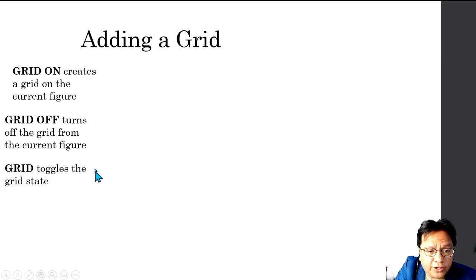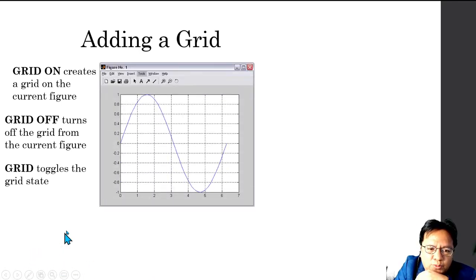Now, in order for us to identify the points on the graph, we can visualize the graph by adding grids. We have the command grid on. Grid on creates the grid on the current figure. You're going to see these lines here by issuing the grid on command.